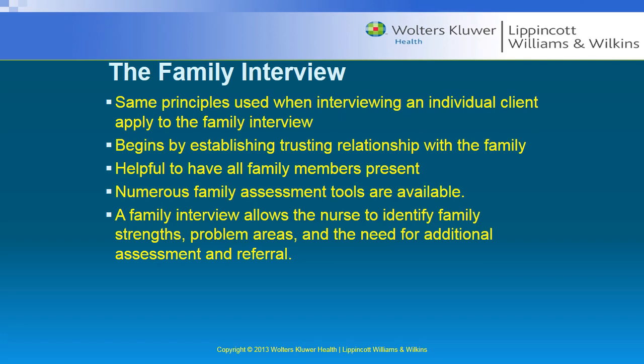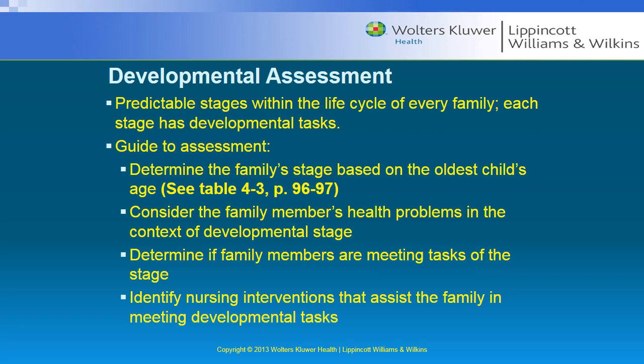But the family interview allows the nurse to identify family strengths, problem areas, and the need for additional assessment and referral. When we do a developmental assessment, we know that there are predictable stages within the life cycle of every family, and each stage has developmental tasks. When the nurse completes a developmental assessment, the nurse has to determine the family stage based on the oldest child's age, and you can look at table 4-3 on page 96 and 97.